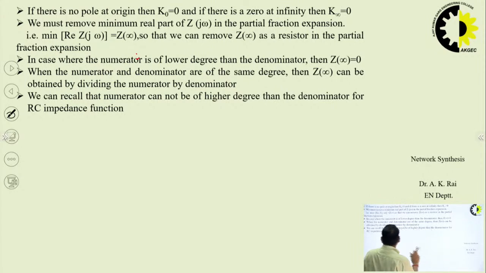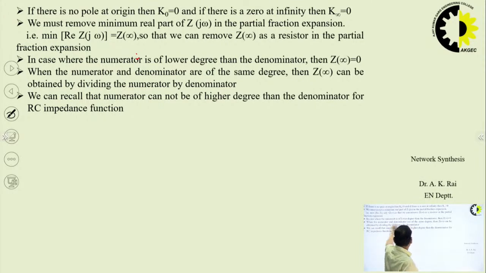In case the numerator is of lower degree than the denominator, this term is 0, which means the 0 is at infinity. When the numerator and denominator are of the same degree, then we can obtain Z infinity by dividing the numerator by the denominator polynomial, keeping the PRF property intact.